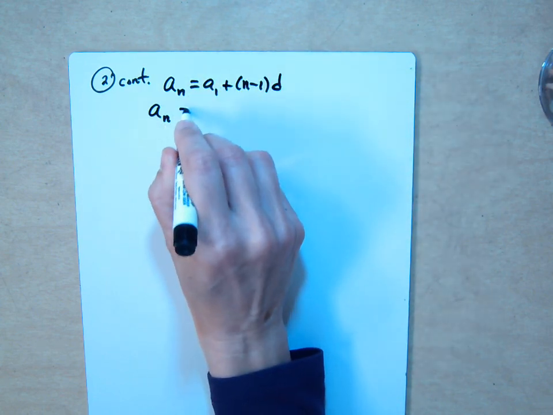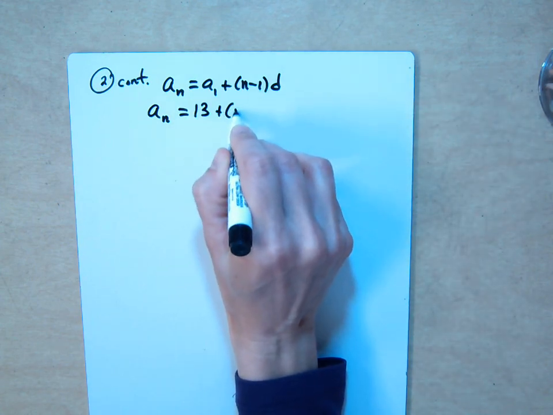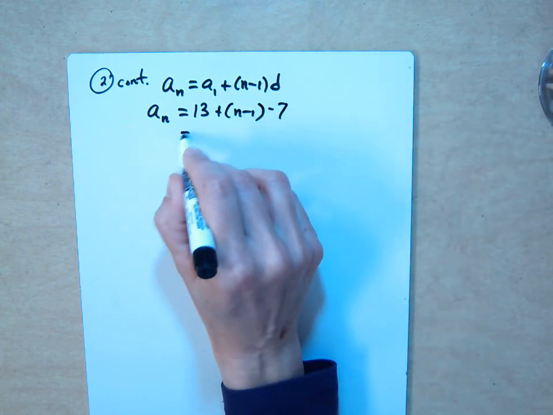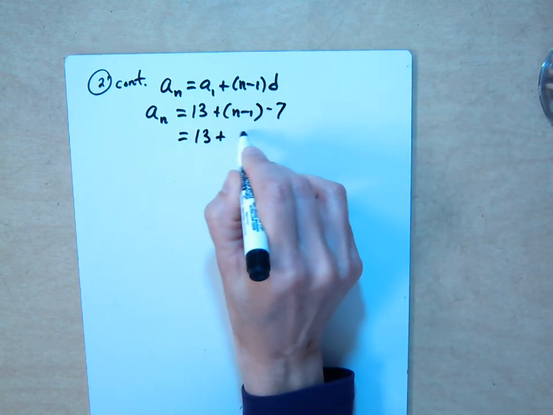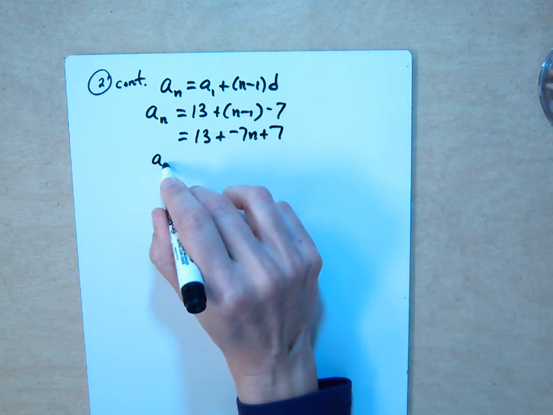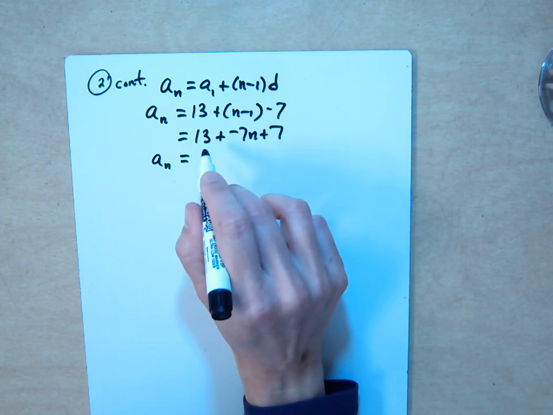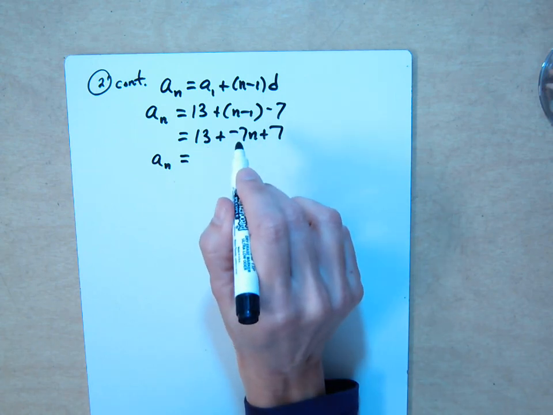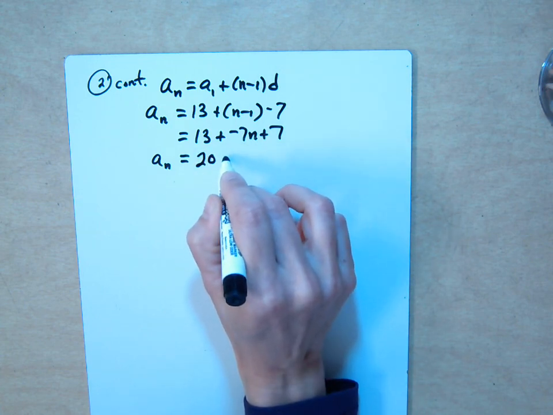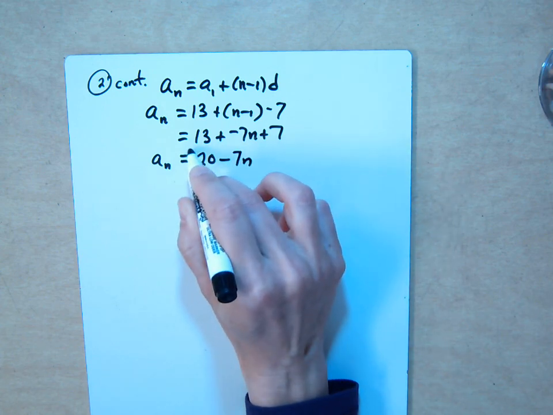So the nth term is the first term, which we just found, which is 13, plus n minus 1. The common difference is negative 7. So we go 13 plus negative 7n plus 7. So the nth term is going to be 20 minus 7n, or negative 7n plus 20, same thing.